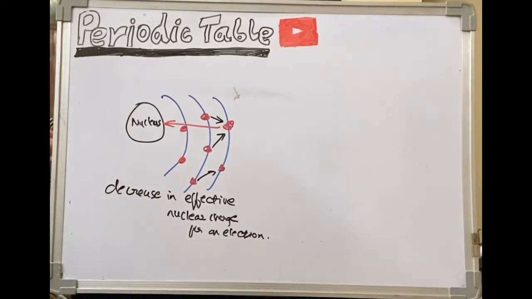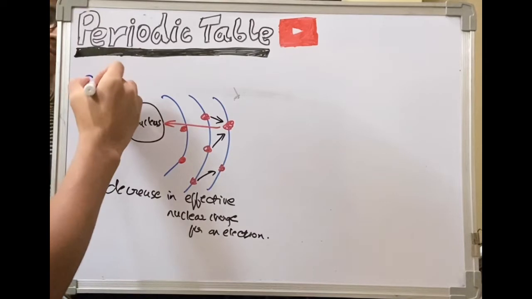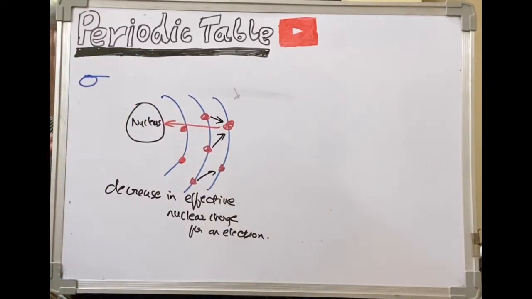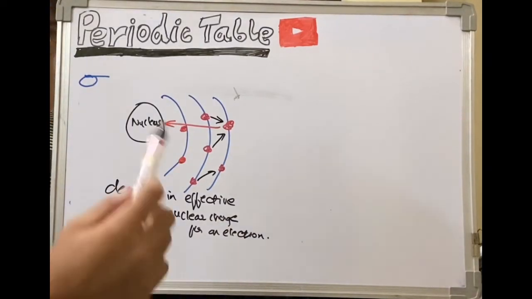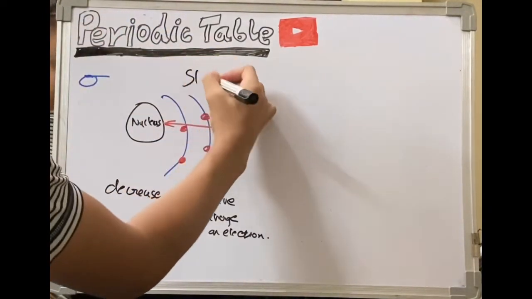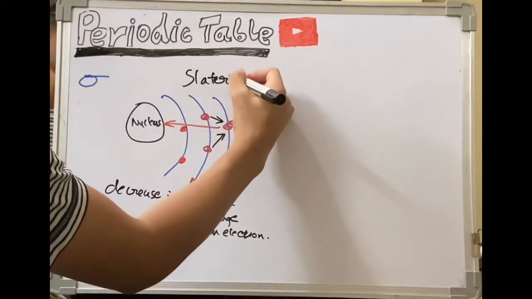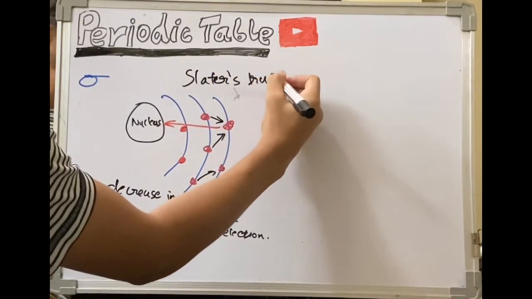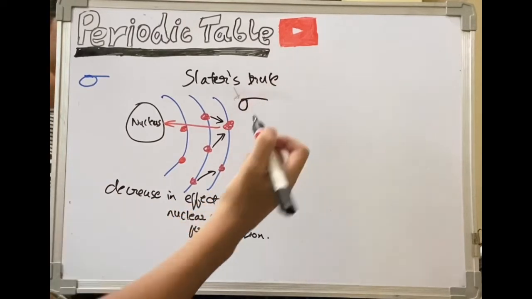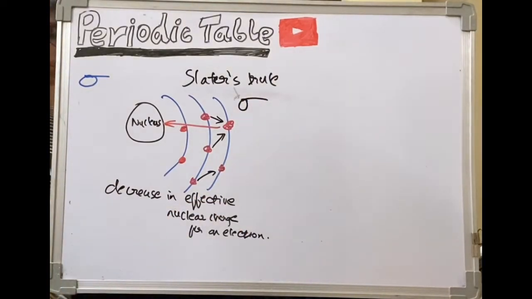Now this decrease in nuclear charge is given by the constant sigma, which varies differently for every element. We generally use Slater's rule to find the value of sigma, and this is a pretty easy thing to do.